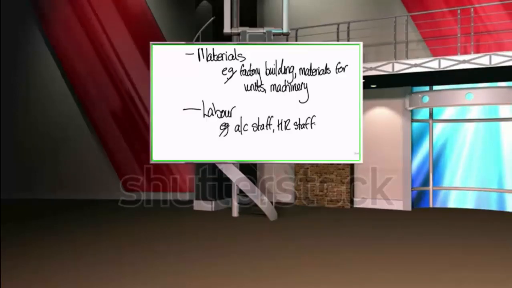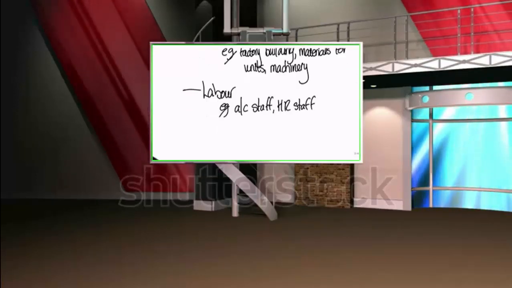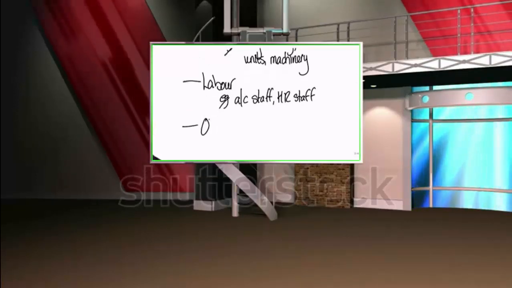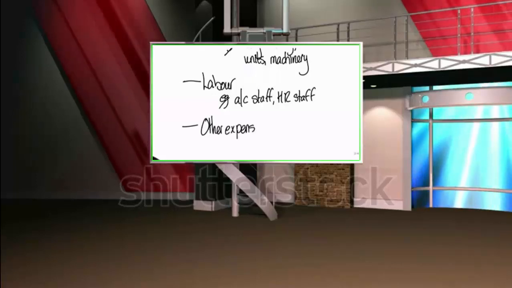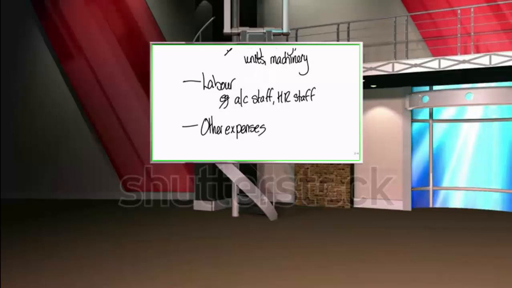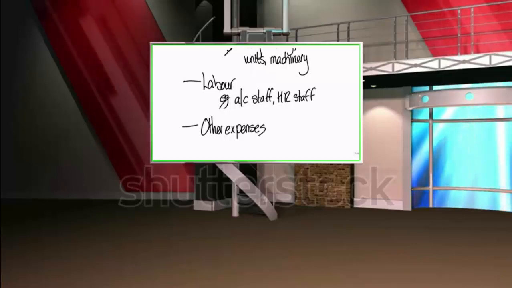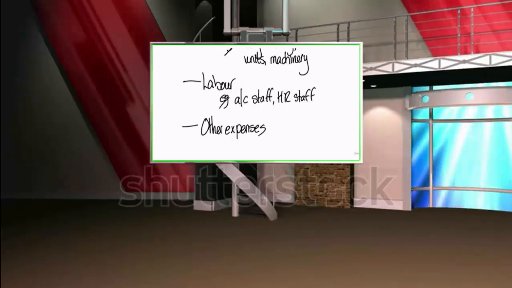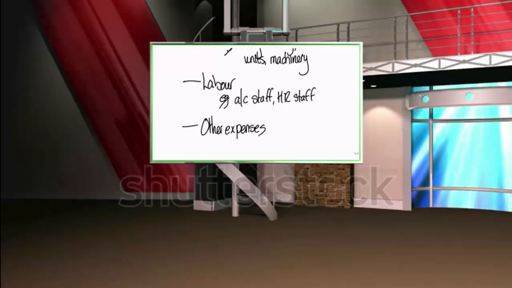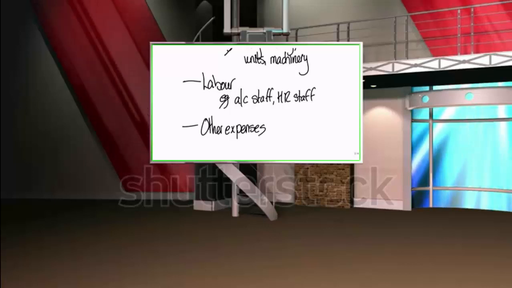Our final category is simply other expenses. Very simply put, other expenses are costs which are not material costs and not labor costs. So they are not things we can physically reach out and touch.